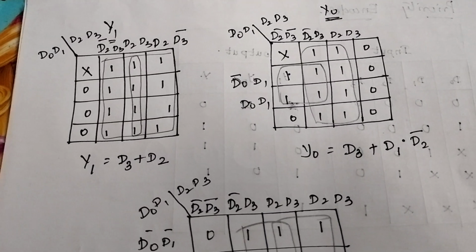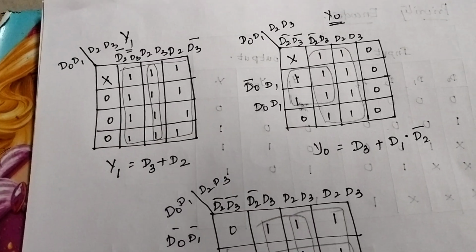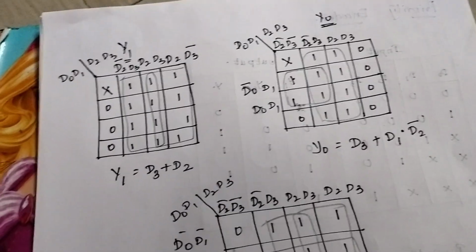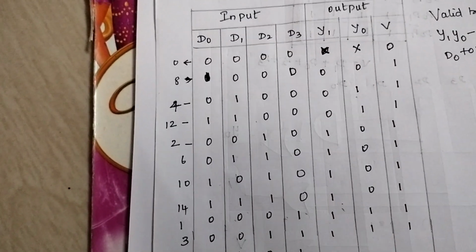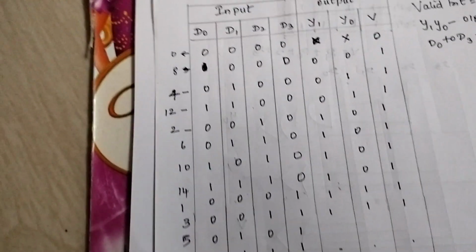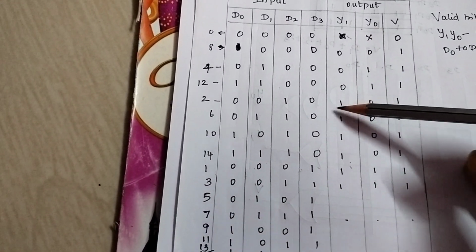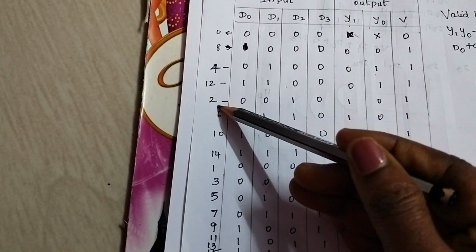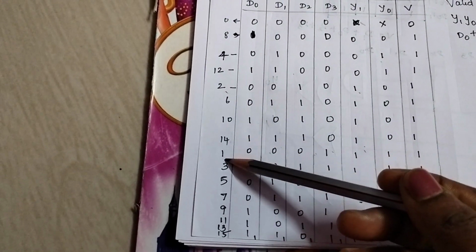Based on the truth table, I have drawn the K-map. If you see this, for Y1, 0 is don't care. Next, I have written the equivalent decimal values: 2, 6, 10, 14, 1, 3, 5, 7, 9, 11, 13 and 15.